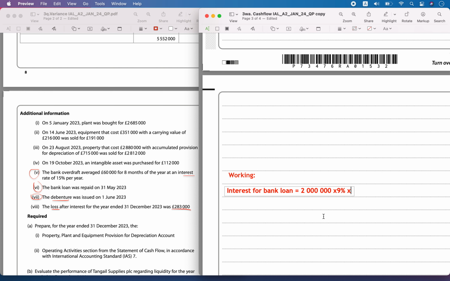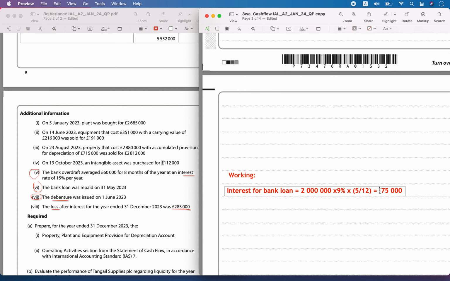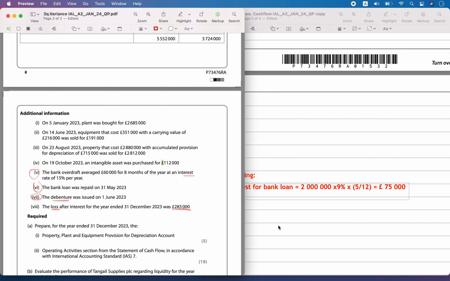So we have to pay interest only from January to May: January, February, March, April, May. So only for 5 months I will be paying the interest. That is going to be equal to 75,000 pounds.